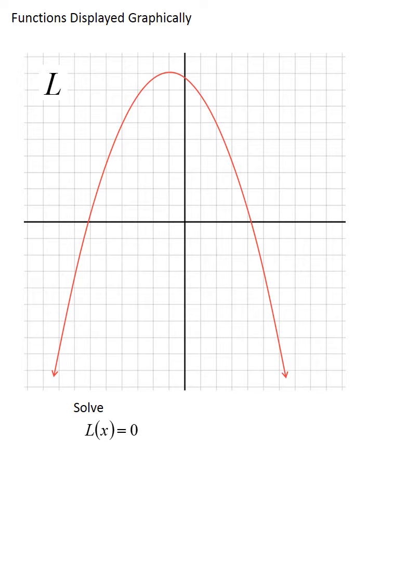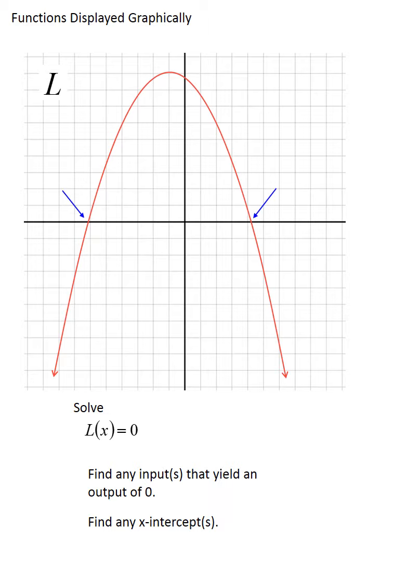Where is the y-coordinate always 0? On the x-axis. That's where the y-coordinate is always 0. And so this question of finding inputs that yield an output of 0 is really just the same as finding the x-intercepts of the function, if there are any. And in this case, there are 2.